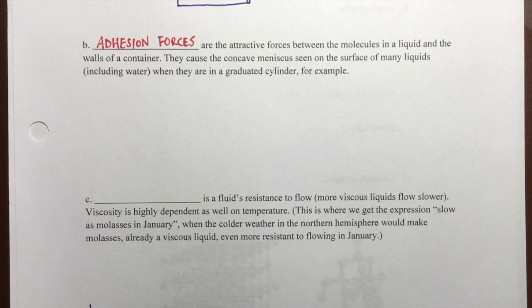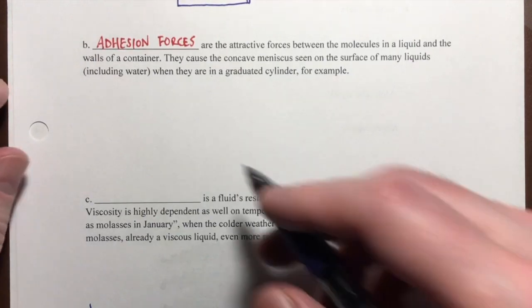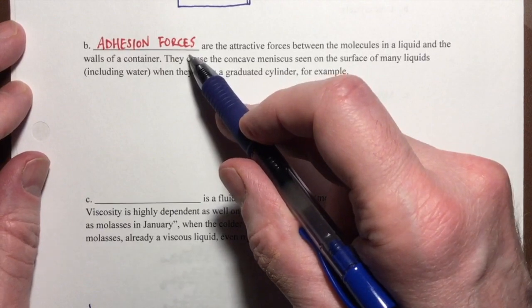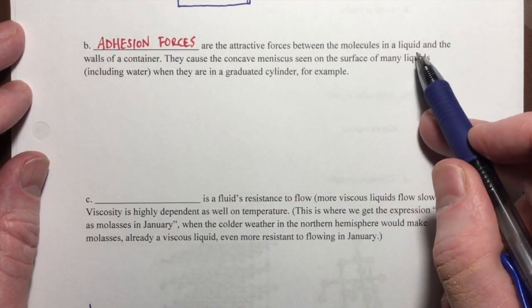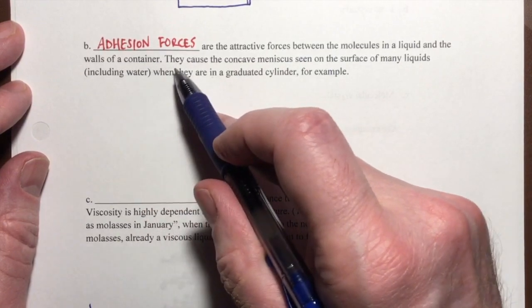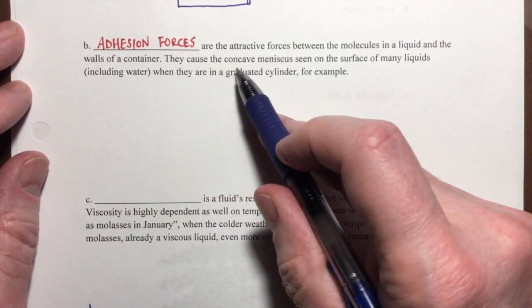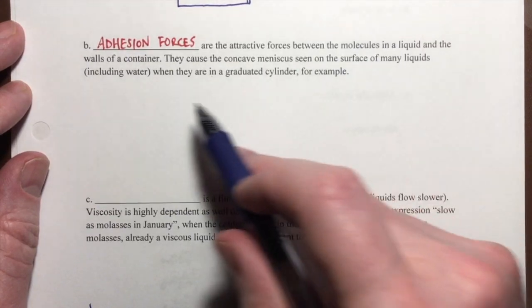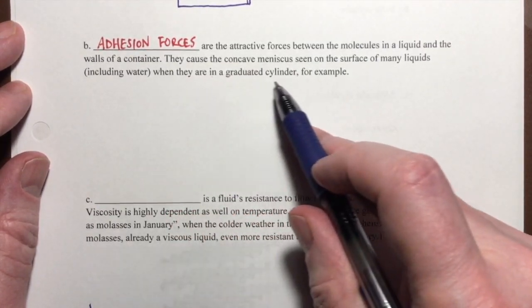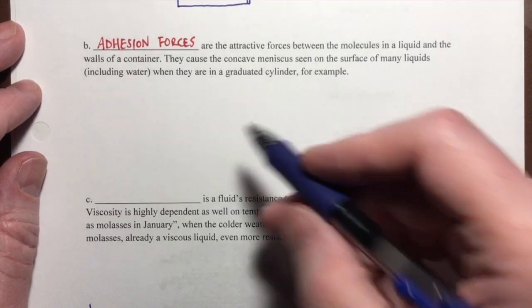Like to adhere to something is to stick to something. Adhesion is the process of sticking to something, to adhere to it. So adhesion forces are the attractive forces between the molecules in a liquid and the walls of a container. They cause the concave meniscus that we see on the surface of many liquids, such as water, when they're in a graduated cylinder, for example.